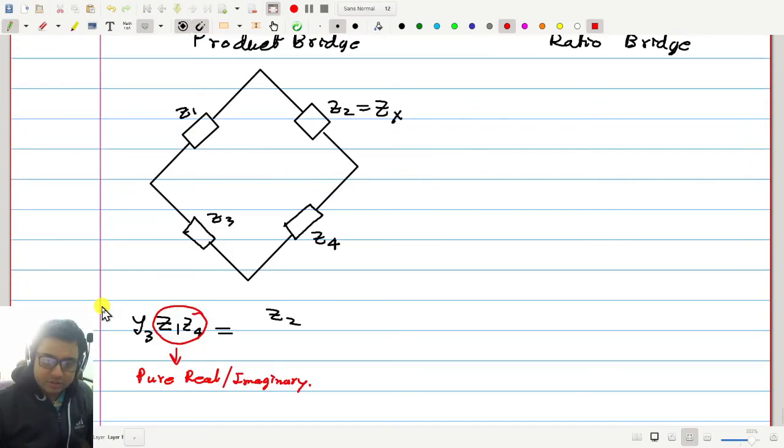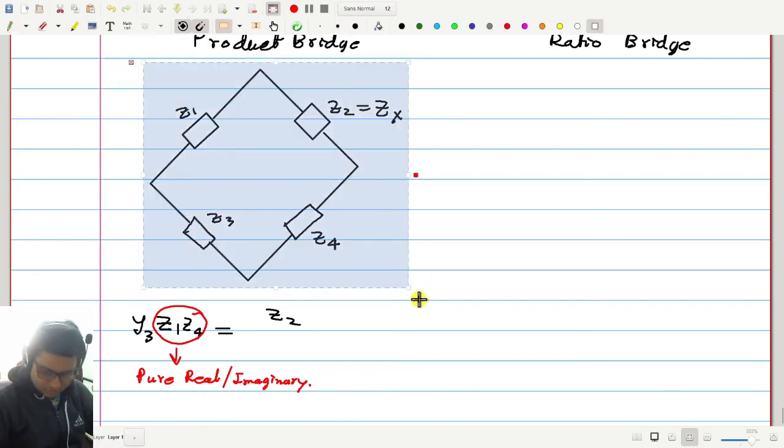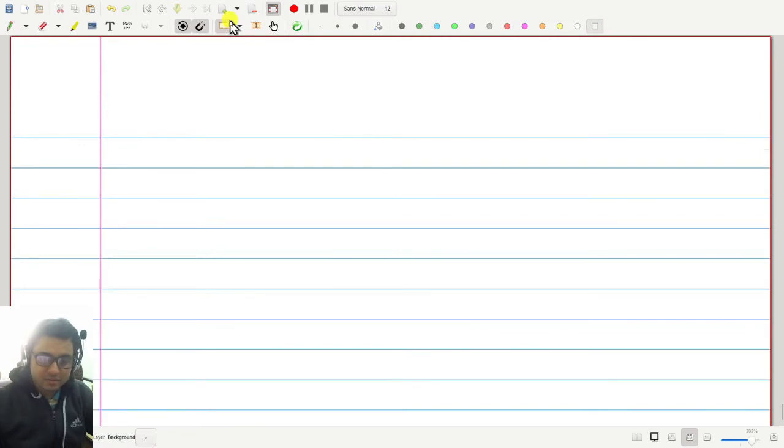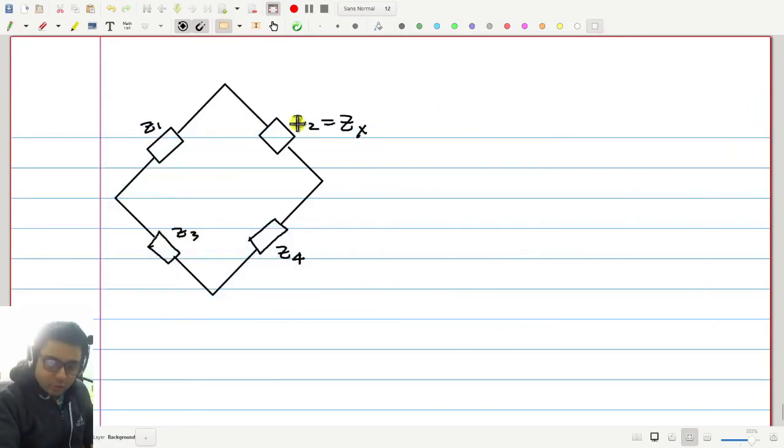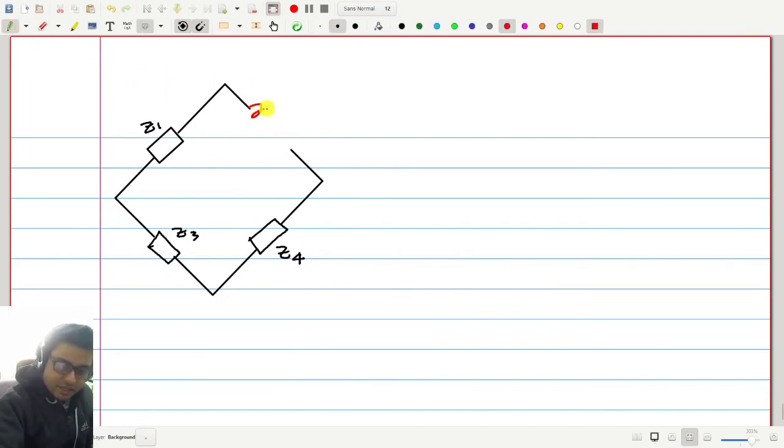Suppose the unknown impedance that we want to measure is a coil. Coil means it's an L-R combination, and we choose to model it as a series combination of Lx and Rx. So this is the unknown we want to find out.